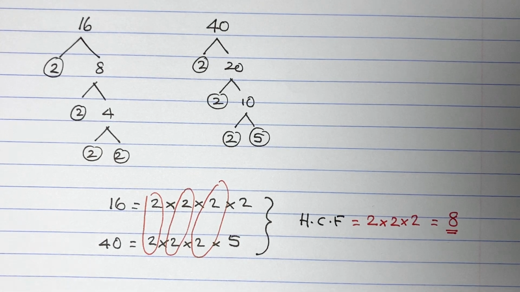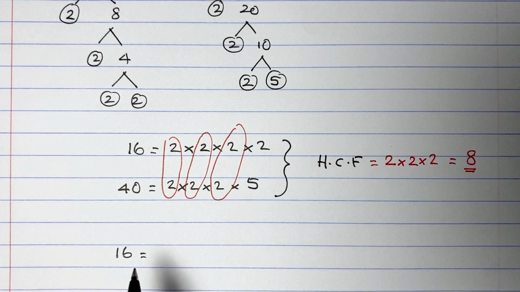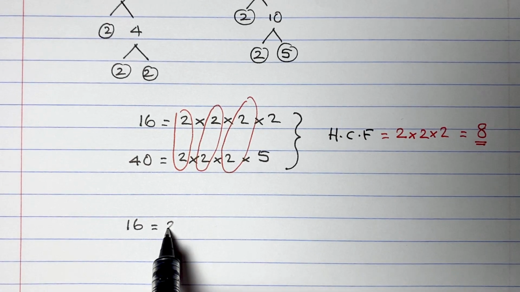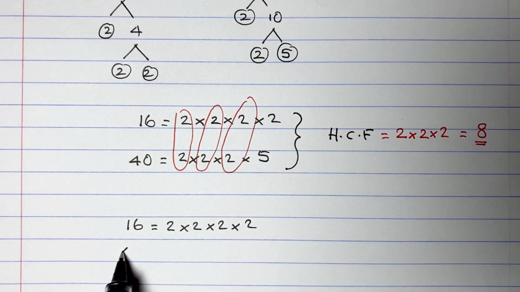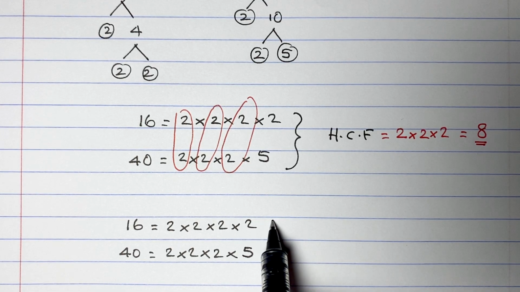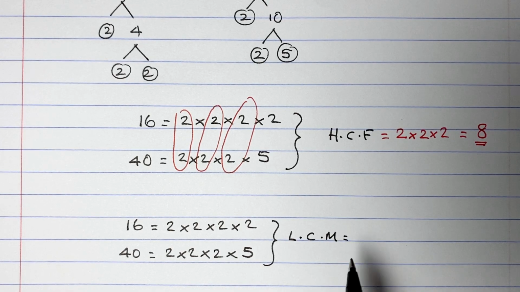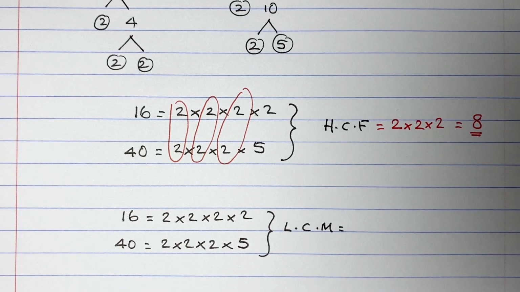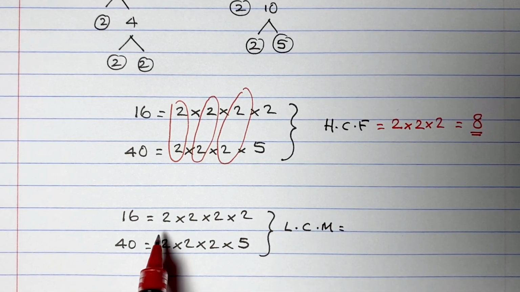Now, let me relist these prime factors in order to find the LCM. For the LCM, look at the number of digits we have here. The only digits are 2 and 5.